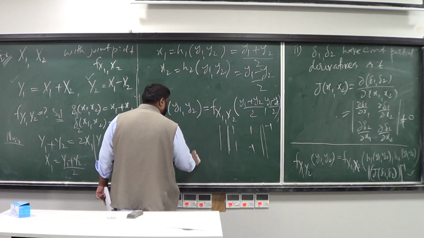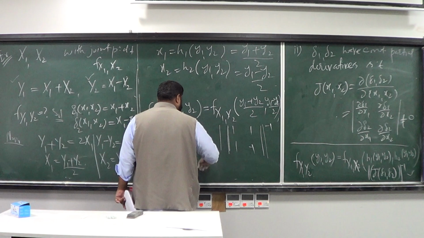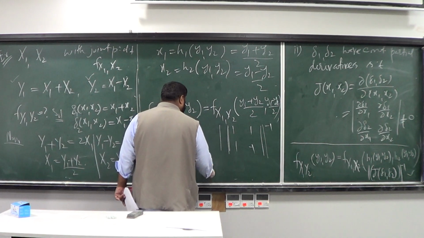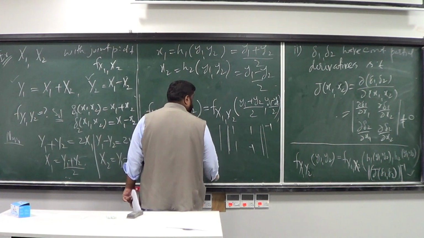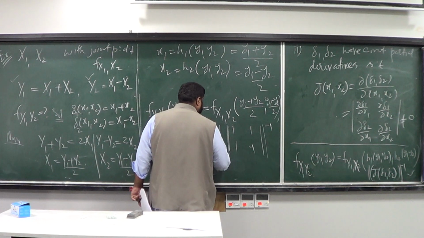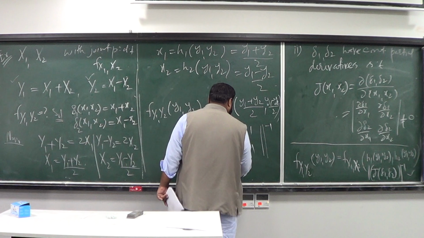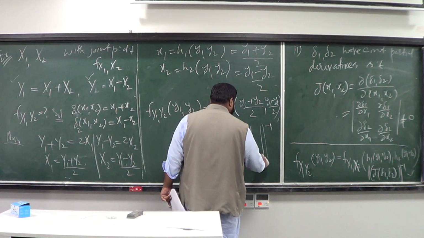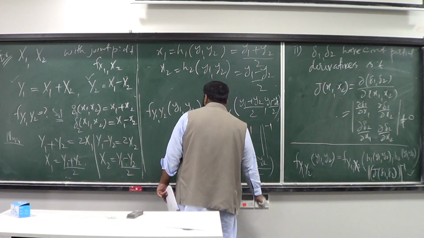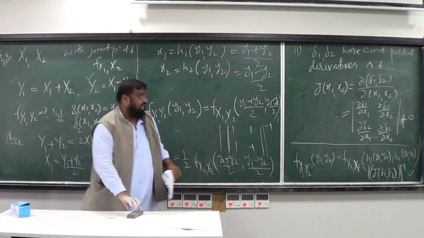So it's going to be 1/2 f x1 x2 evaluated at y1 plus y2 upon 2 and y1 minus y2 upon 2. This is what is the case.